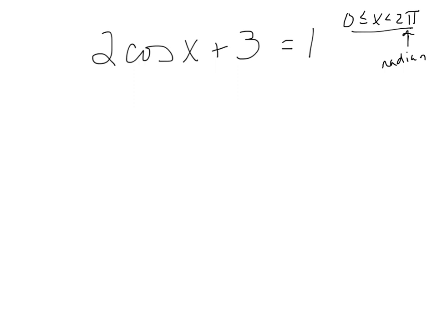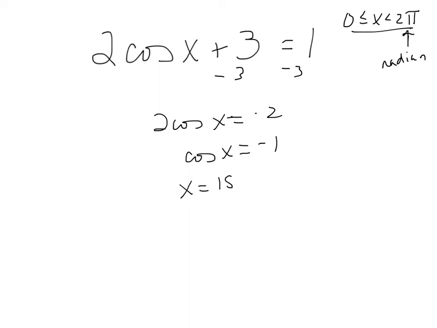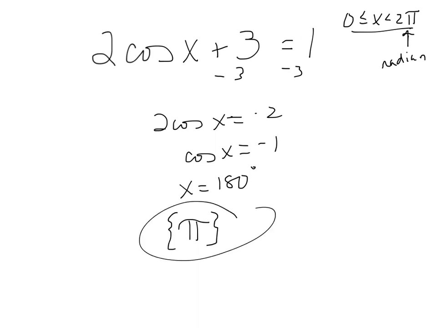So I'm going to subtract the 3 from both sides, and I'll get 2 cos of x equals negative 2, and then when I divide both sides by 2, I get the cos of x is negative 1. When you inverse cos on negative 1, the calculator will tell you 180 degrees. You just need to make sure that you put that into radians, and hopefully you know by now that 180 degrees is pi radians. And you're done.